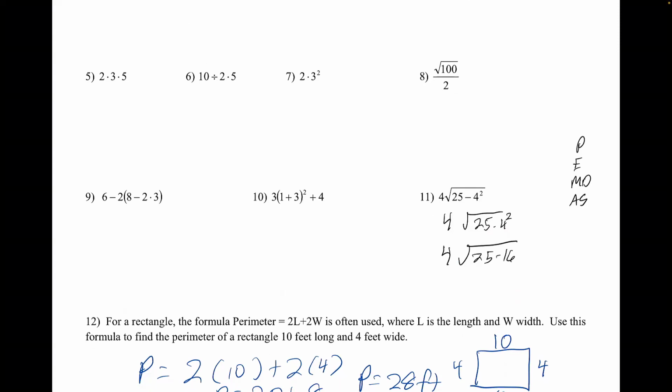Because I'm going to go inside that grouping symbol, look for another set of parentheses. I'm not seeing it. I'm going to go straight to the exponent. Now I don't see any multiplication or division inside there. I do see addition or subtraction. So this is 4 times the square root of 9. And then I'm going to take that out and say this is 4 times 3. And so that gets me to 12.